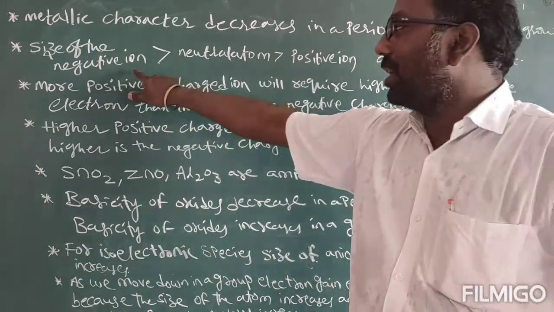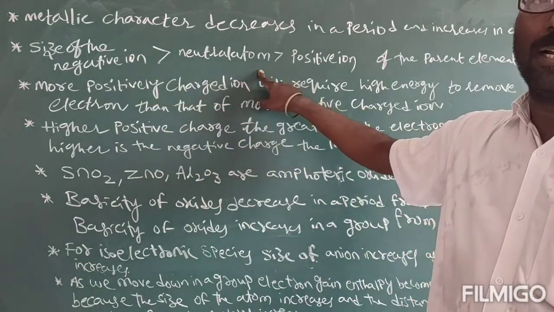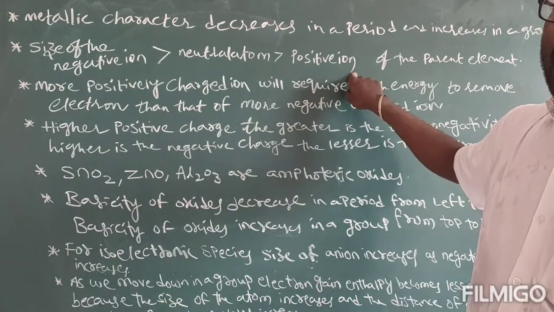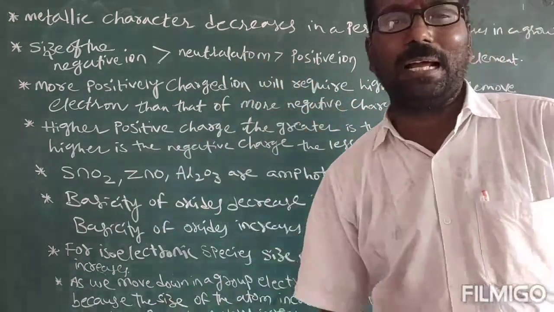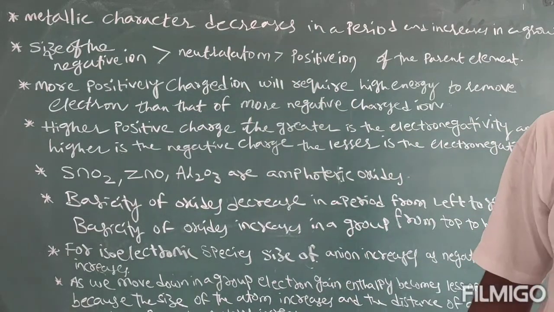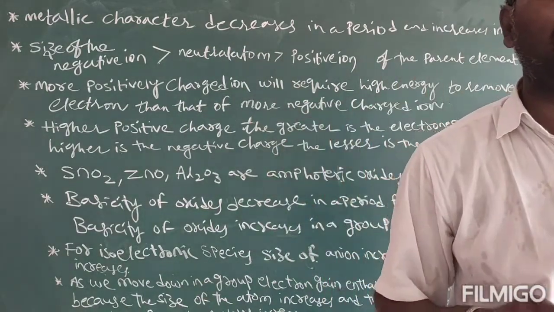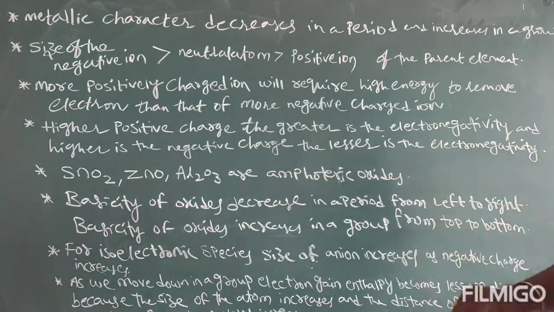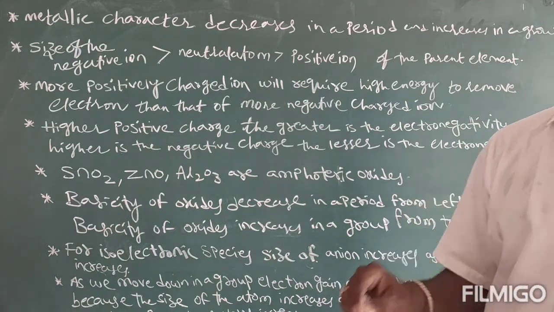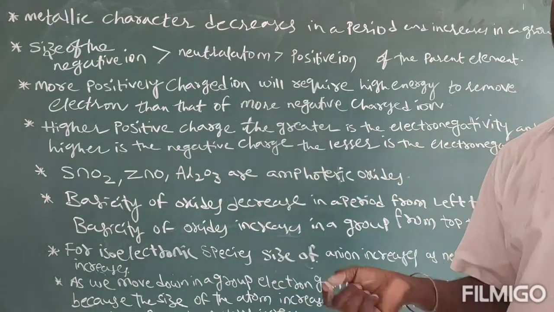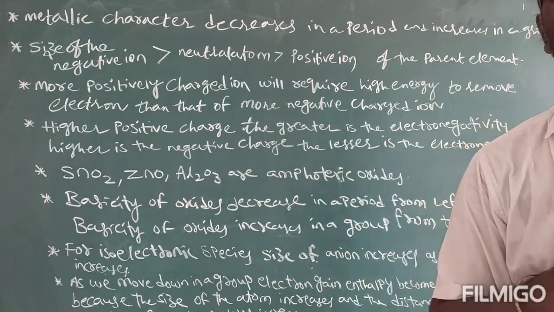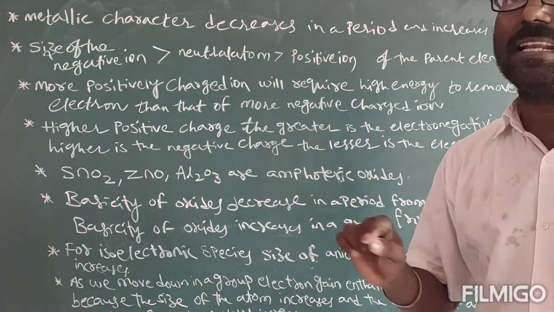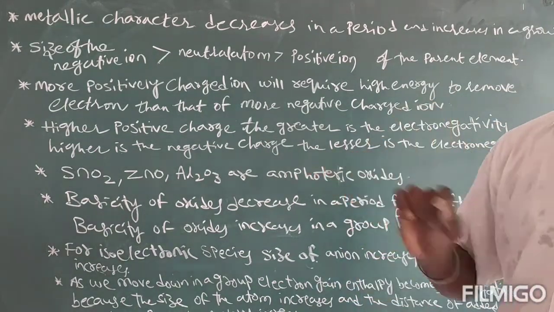In a simple sentence, the size of the anion is greater than the parent neutral atom, and the size of the cation is always less than the parent neutral atom.